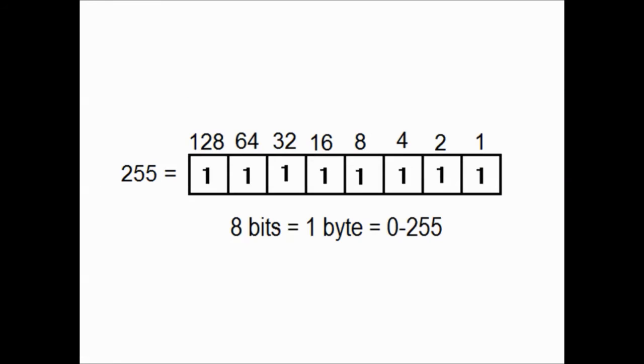Instead, IBM on their first PC used the Intel 8088 central processing unit, CPU. That allowed data to come in 8 bits or 1 byte at a time.